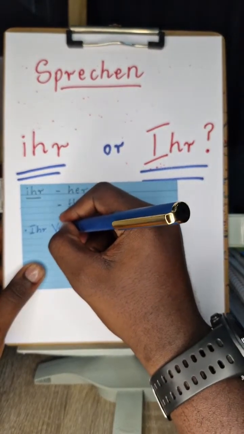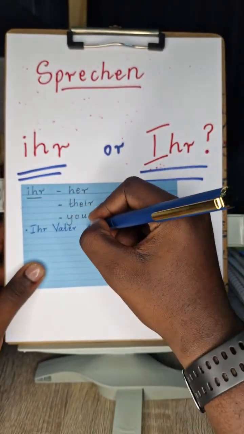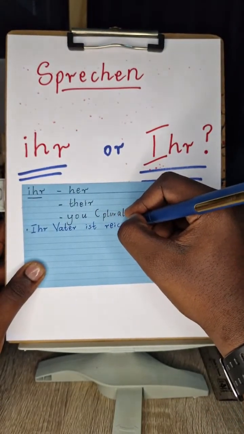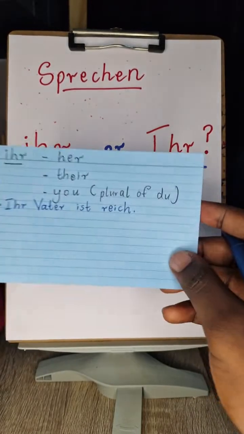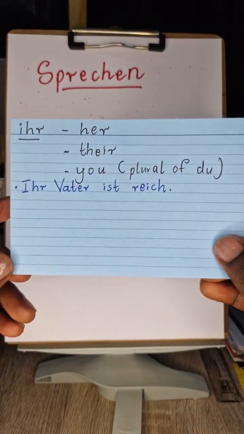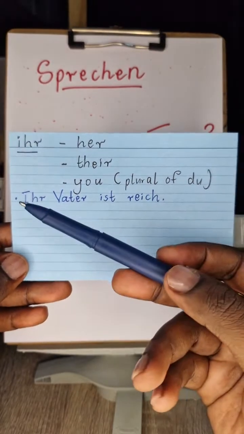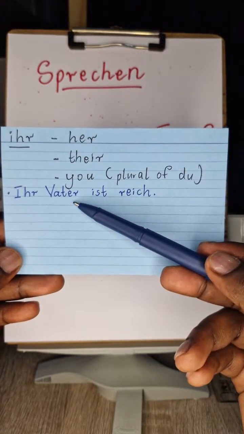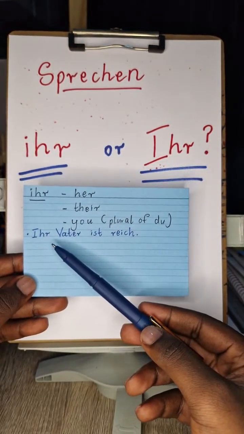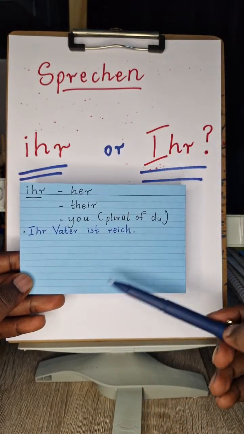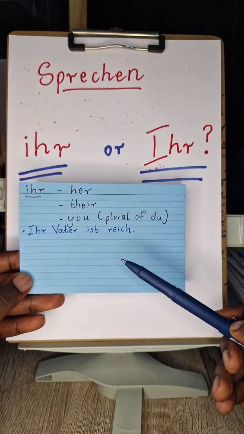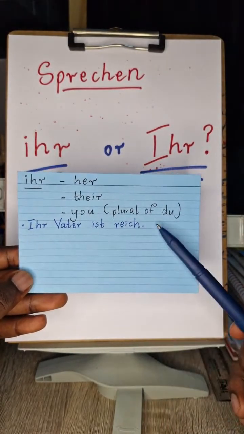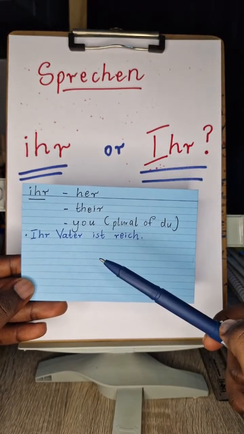So, "Ihr Vater ist reich." Now, this sentence can mean her father is rich, and then the same sentence also means their father is rich. You see that? So this is her father is rich. It also means their father is rich.